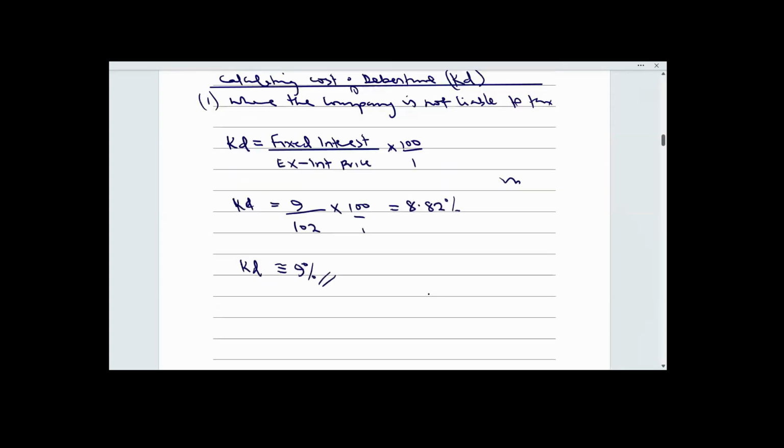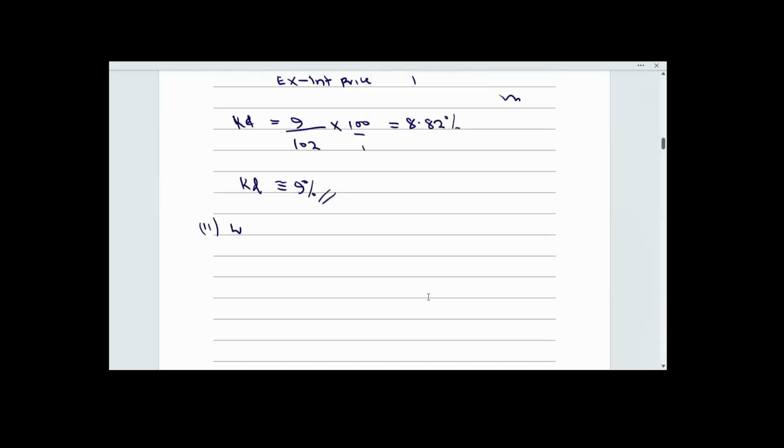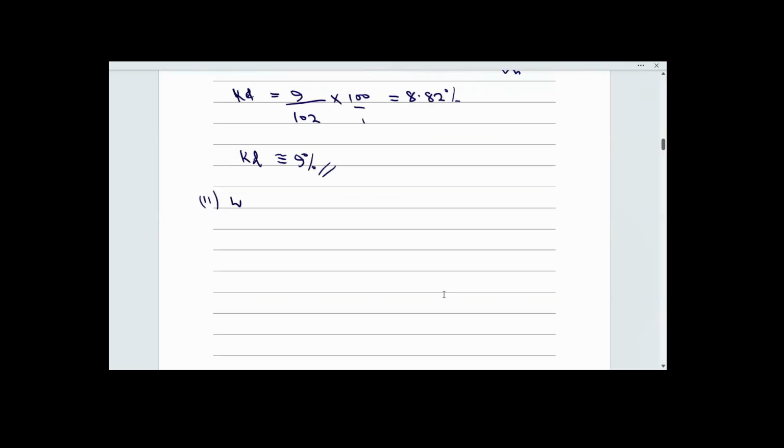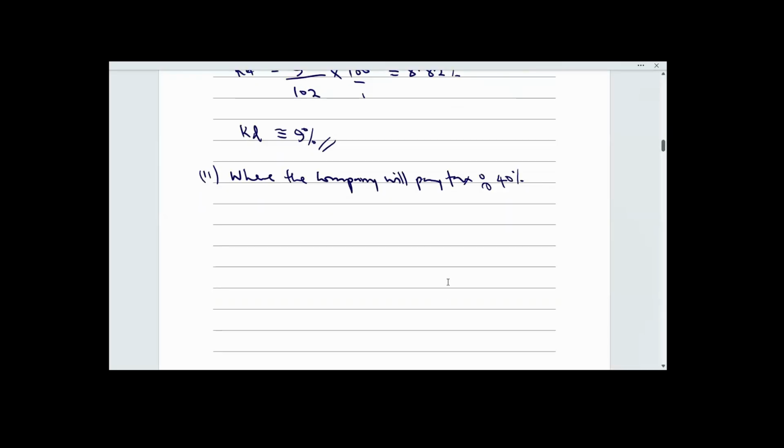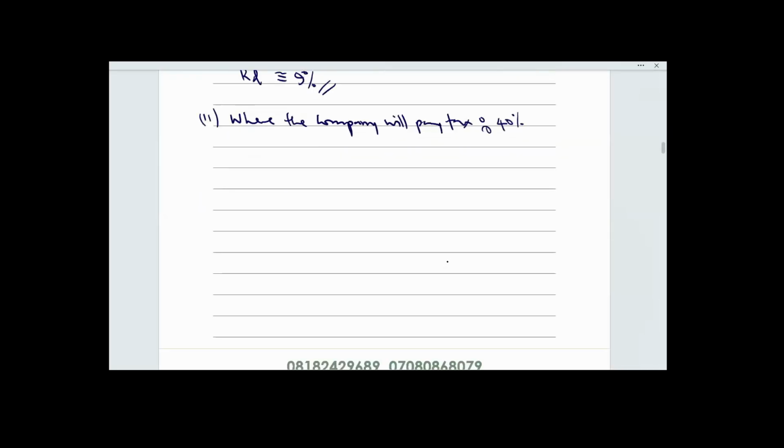Then number 2, you are given a tax rate of 40%, where the company will pay tax of 40%. So in this case, our formula will change slightly.